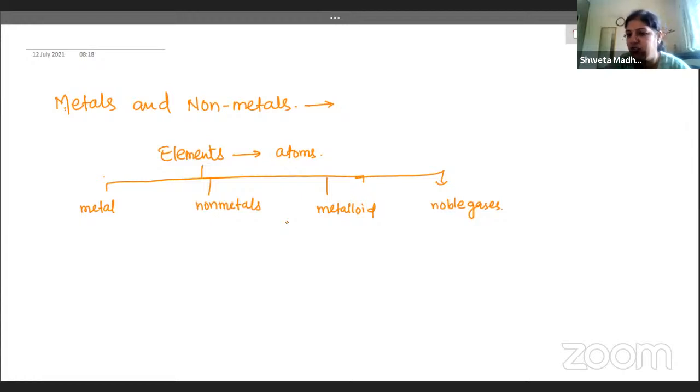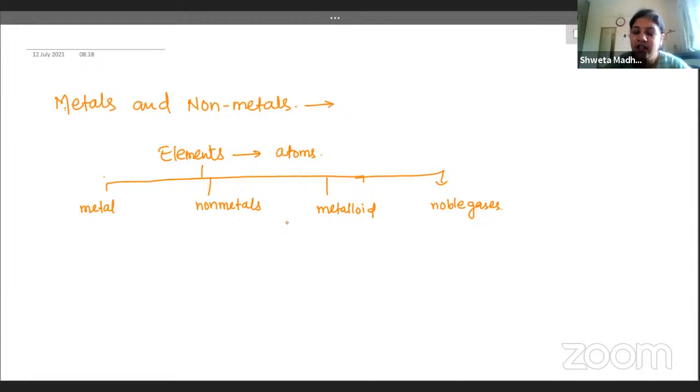These are the physical properties, according to external appearance, whichever elements possess them are categorized under metals.